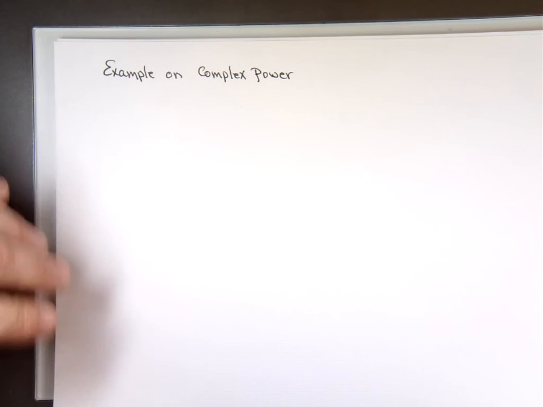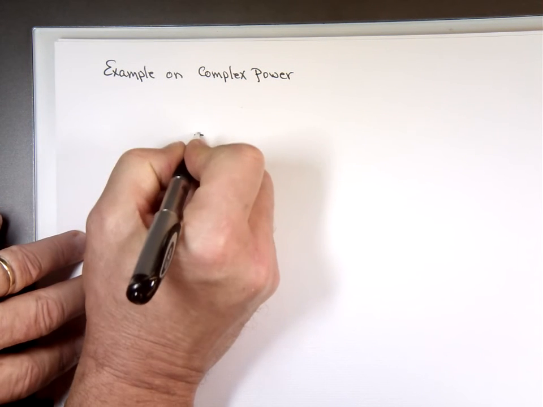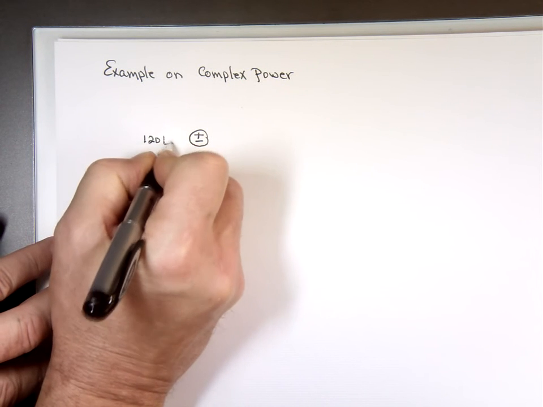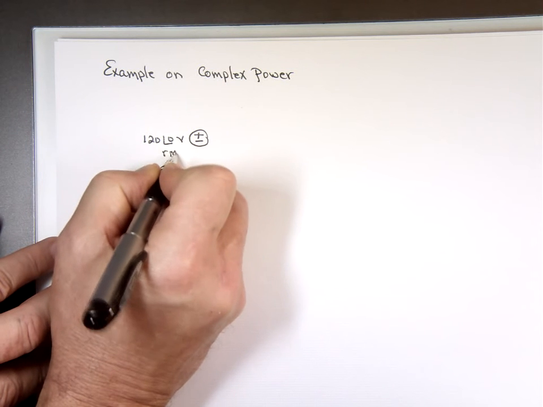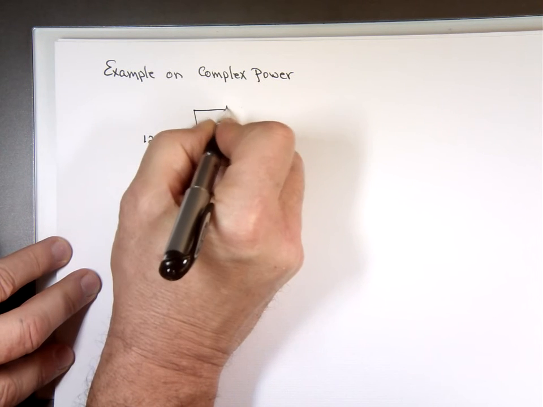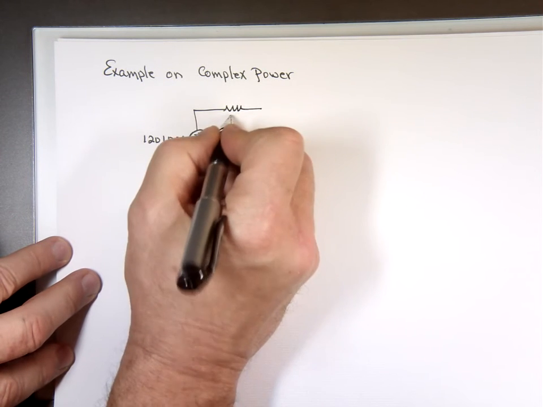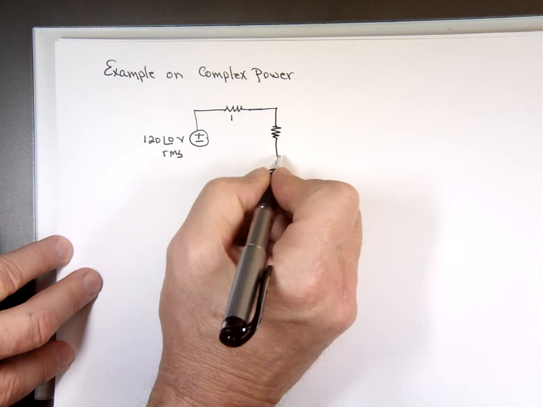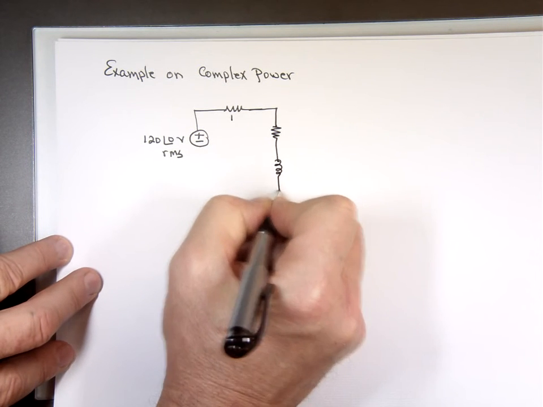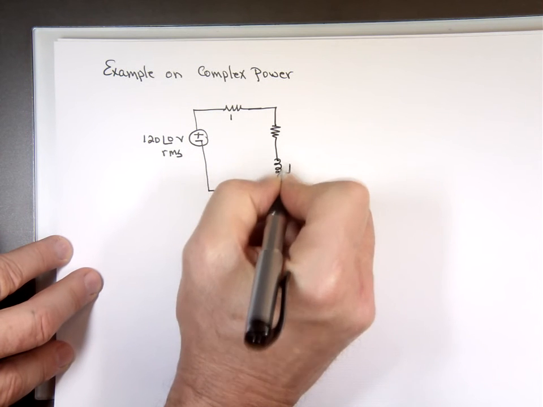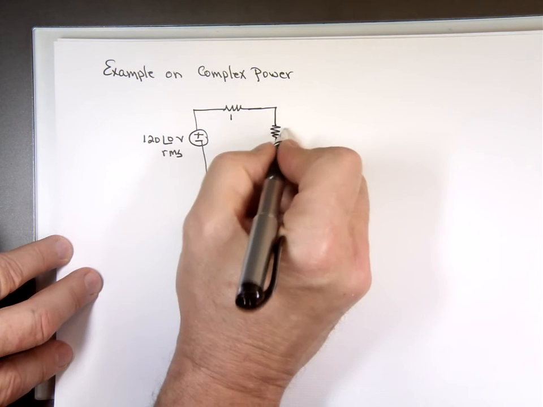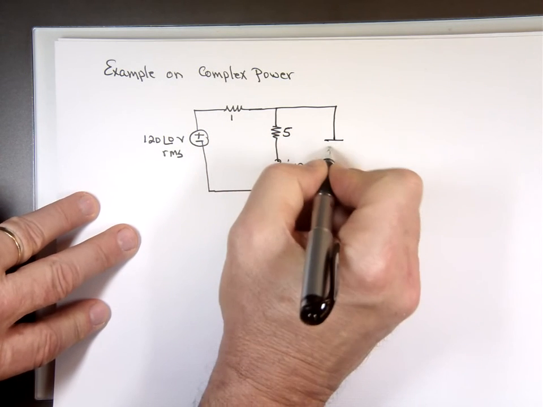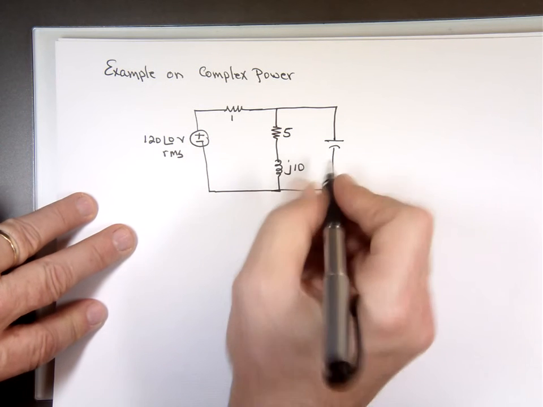We have a voltage source of 120 angle 0 volts RMS. There's 1 ohm here, then 5 plus j10, and we have a capacitor, and that's negative j10.